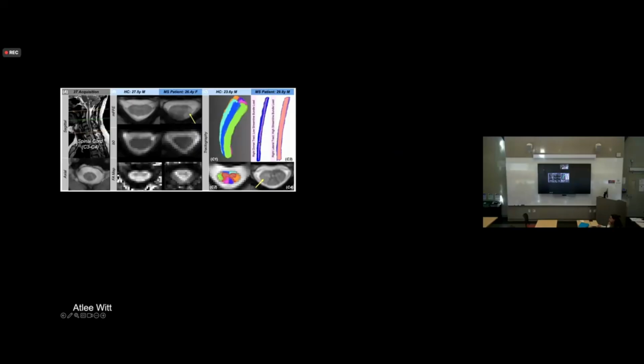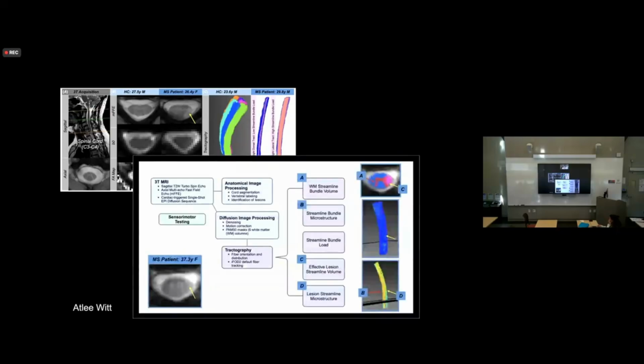You can see here for the right dorsal column that was segmented out, this pink area shows involvement throughout that particular dorsal tract, and next to it, a patient who has another tract that's significantly more involved with lesions.